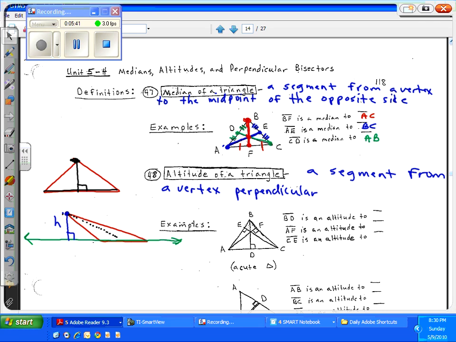How tall that triangle is is not in the triangle, it's outside of the triangle. That altitude is not even within the triangle. So it's a segment from a vertex perpendicular to the line that contains the opposite side, because it may not actually hit the opposite side, to the line that contains the opposite side.